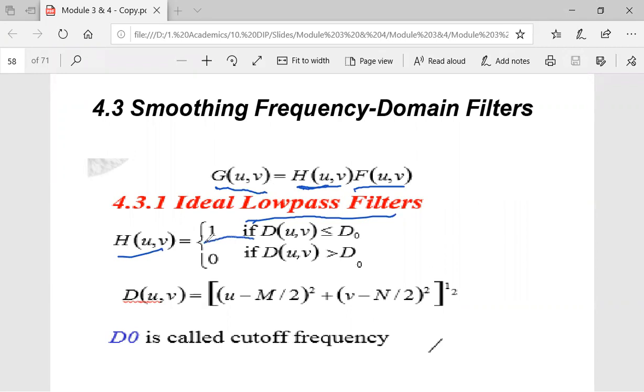It is 1 if D(u,v) is less than or equal to D0, the cutoff frequency, and 0 if D(u,v) is greater than D0. D(u,v) can be written as (u minus M/2) whole square plus (v minus N/2) whole square. M and N can be called the x and y coordinates here.